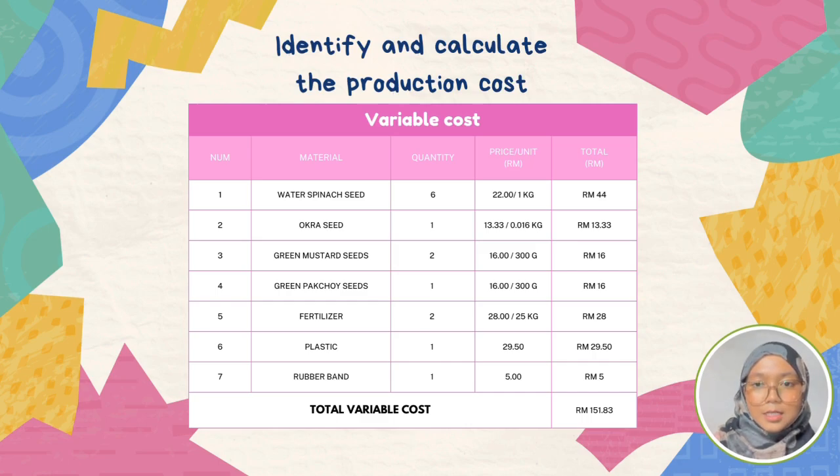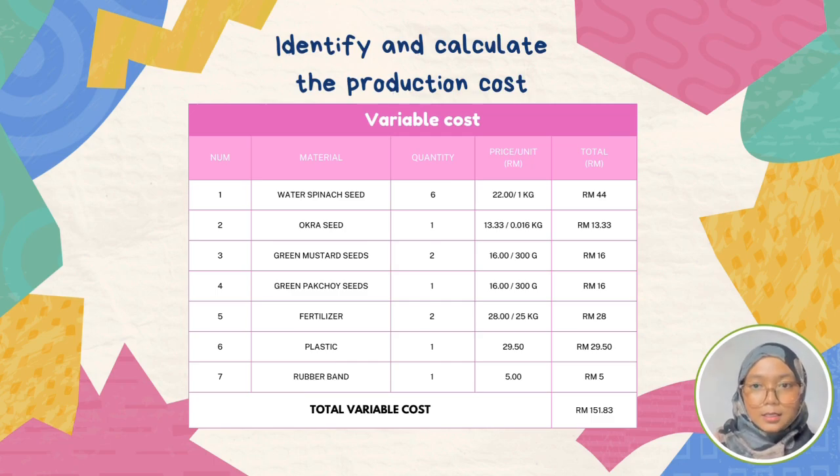For green mustard seed, the quantity is 2 packs, 300 grams each. Price per unit is RM16 per pack. Total is RM16. For green pak choy seed, quantity is 1 pack, 300 grams. Price per unit is RM16 per pack and the total is RM16.